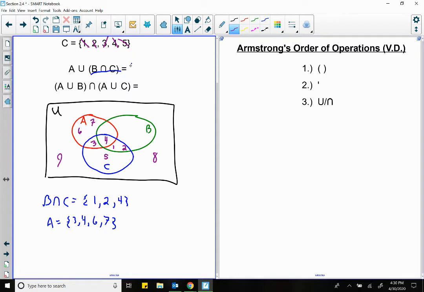So in the end, our answer will be, that should be purple, everybody that's in these two sets. So that's 1, 2, 3, 4, 6, 7. And there it is. That's how we do it.